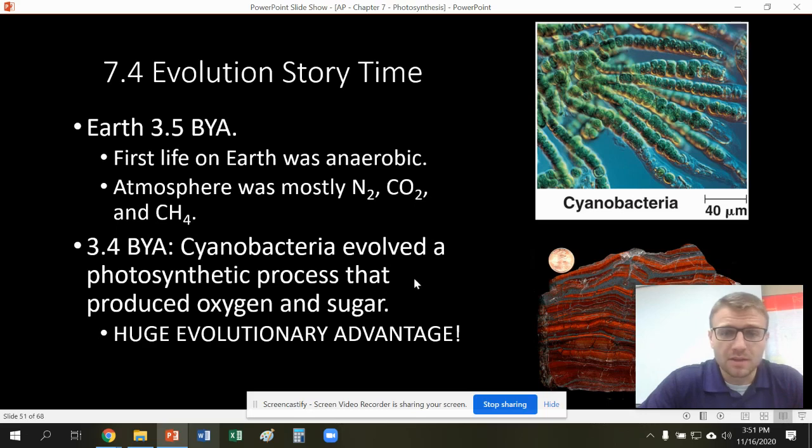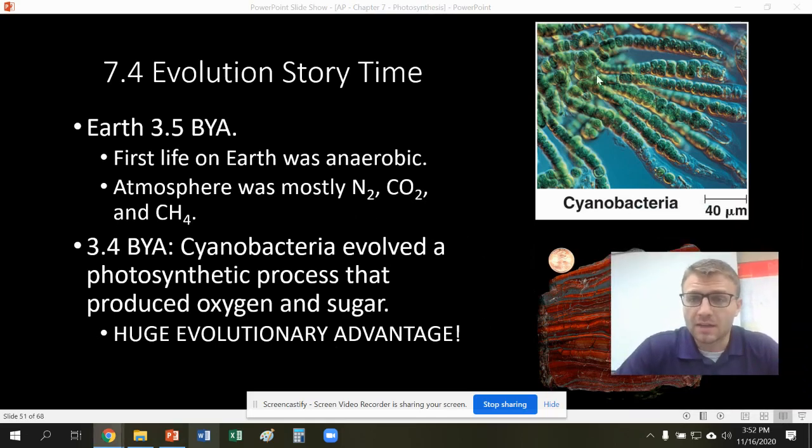Now, this wasn't exactly like the photosynthetic process we see today in plants, but it's very close, and it's kind of the humble beginnings of photosynthesis. This was a huge evolutionary advantage. They could take carbon out of the air and produce sugar, which then could produce a lot of usable energy later on. So again, we see a huge evolutionary advantage in this biochemical pathway.